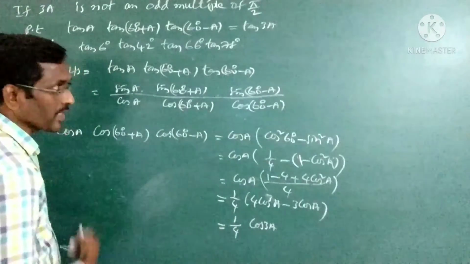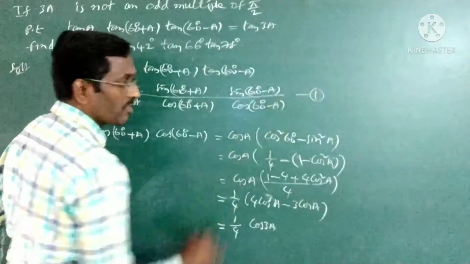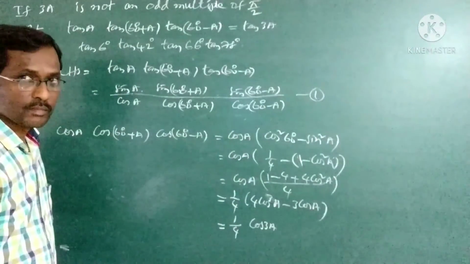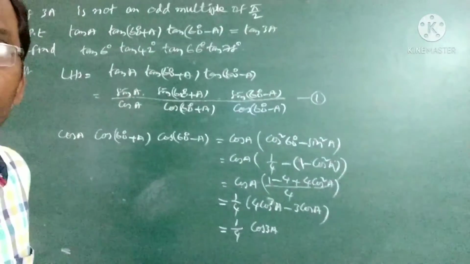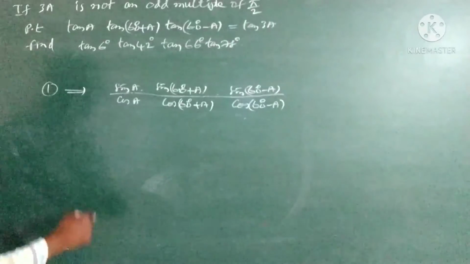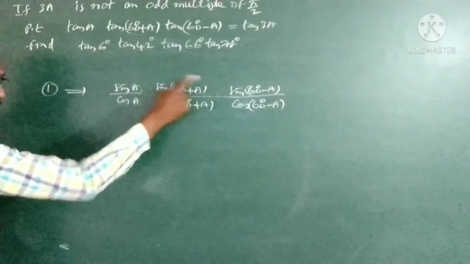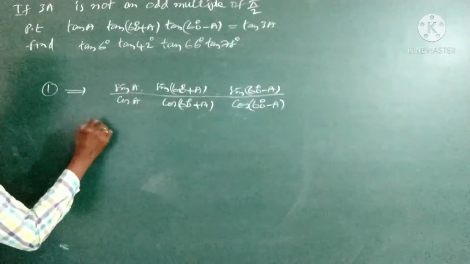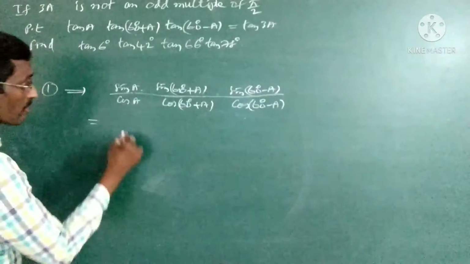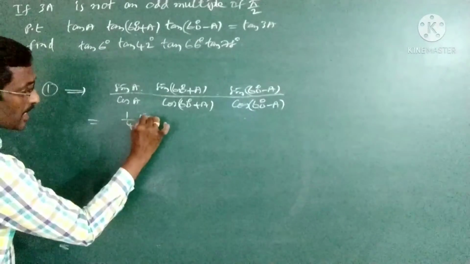Then, continuing, suppose I say it is equation 1. Now put the values into equation 1. So substituting the values into equation 1, which equals, the result of the numerator, what is it? 1 by 4 sin 3a.